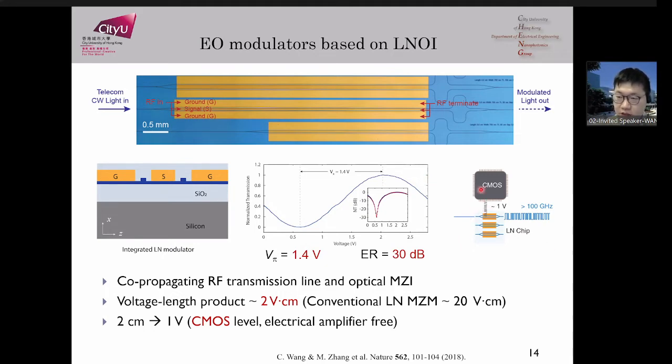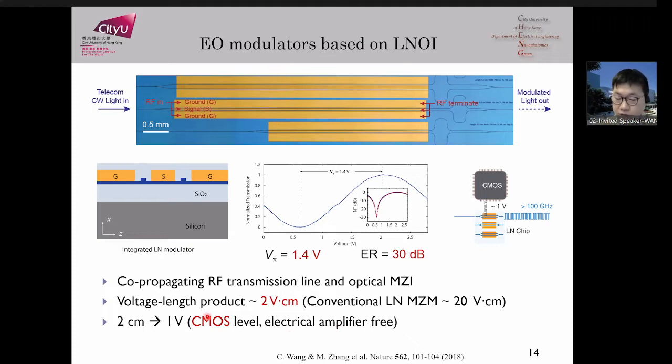Initially, you need an amplifier to match the CMOS voltage with a traditional lithium niobate modulator, but now you can get rid of that amplifier, directly link CMOS with the LN chip, right? So that means you can build systems with electro amplifier-free operations. So that is a big deal for power consumption of optical communication systems.